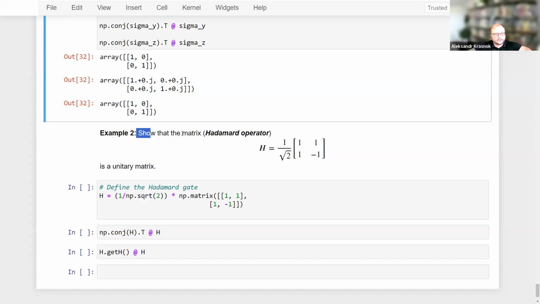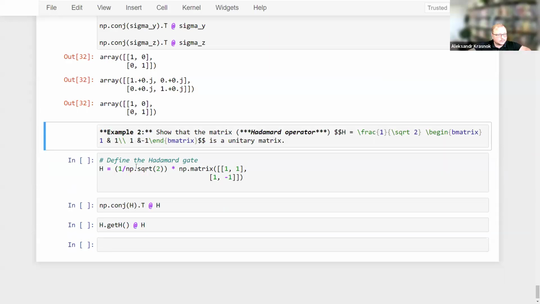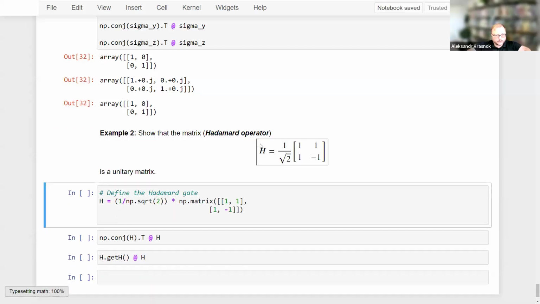And the final example is the Hadamard operator, another operator which is very important in quantum computing. We can actually box this formula because it's quite an important operator.